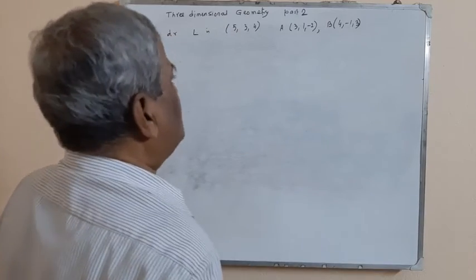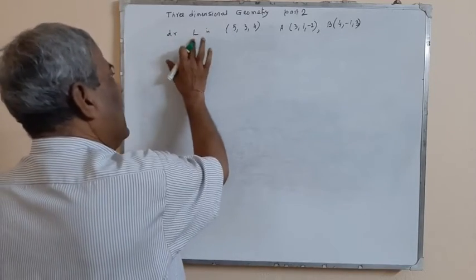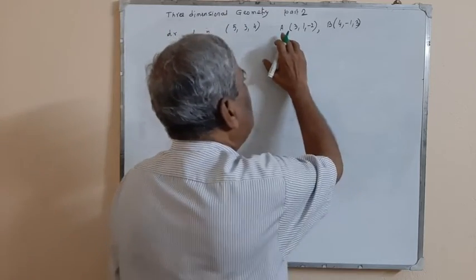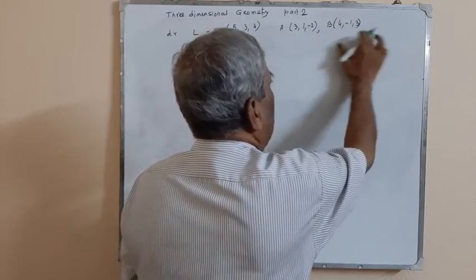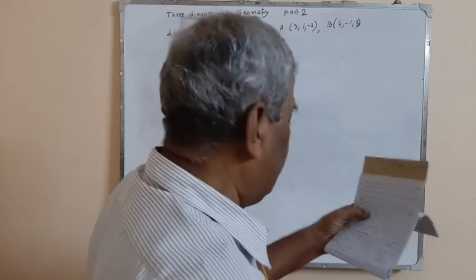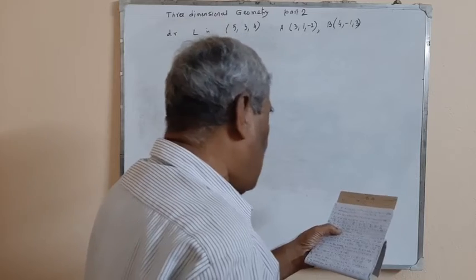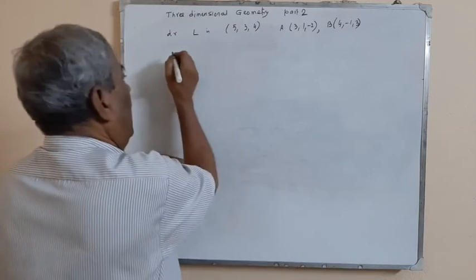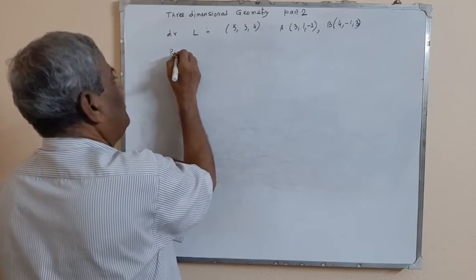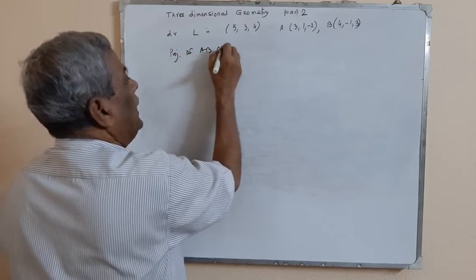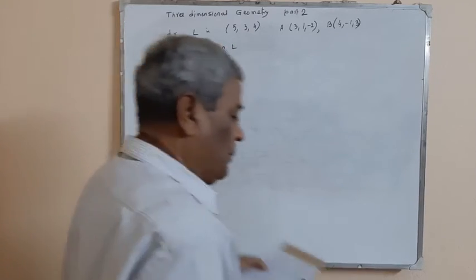One line is given whose direction ratio is this, and two points A and B, whose three-dimensional coordinates are given. We have to find the projection of AB on L. This is the problem.